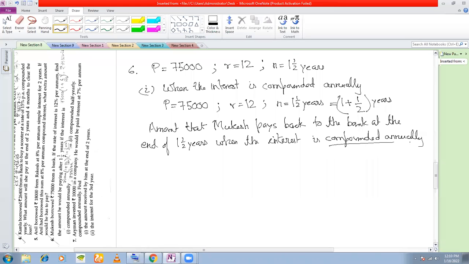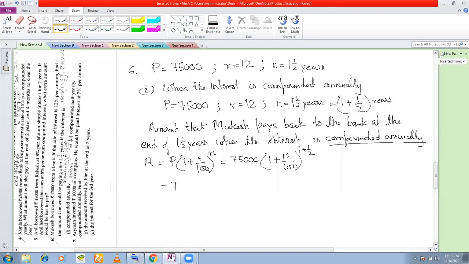Amount is equal to principal times 1 plus r by 100 to the power of n. Write the principal 75,000 into 1 plus 12 by 100 to the power of 1 plus half, right? Because it is fractional, I've broken it up into an integer plus a fraction.